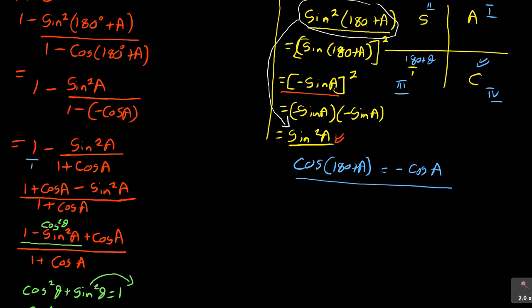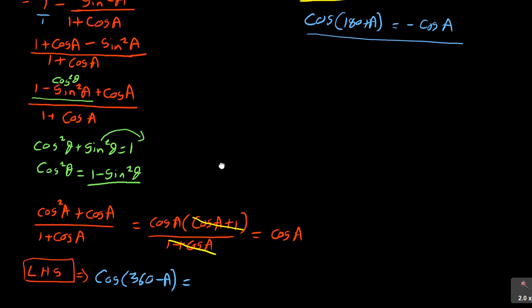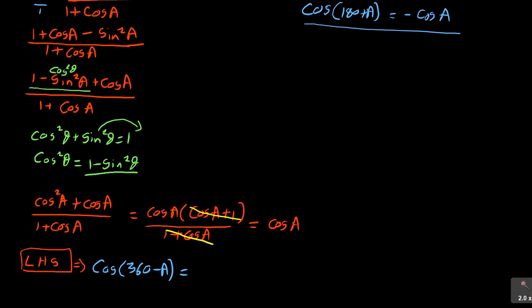So now if I use the reduction rules for that on my question here, cos 360 minus A, if I use the reduction rules and cos is positive, this is same as cos A. So now you can see that if I reduce my left hand side, I get cos A. If I reduce my right hand side, I also got the previous one, which was cos A. Now then you can conclude that therefore the left hand side is equal to the right hand side.